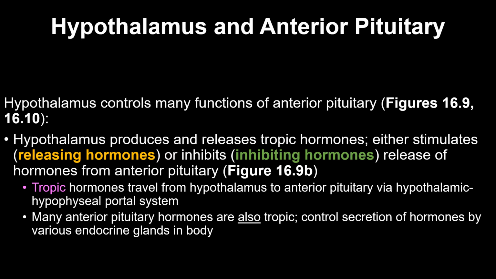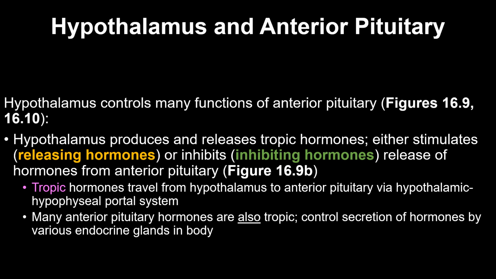The hypothalamic releasing and inhibiting hormones are usually delivered via the hypothalamic hypophyseal portal system via secretion into that hypothalamic capillary bed, where they then travel through portal veins in the infundibulum, exiting into the anterior pituitary capillary bed, binding onto receptors on the anterior pituitary cells that then stimulate or inhibit the secretion of hormones from the anterior pituitary cells.